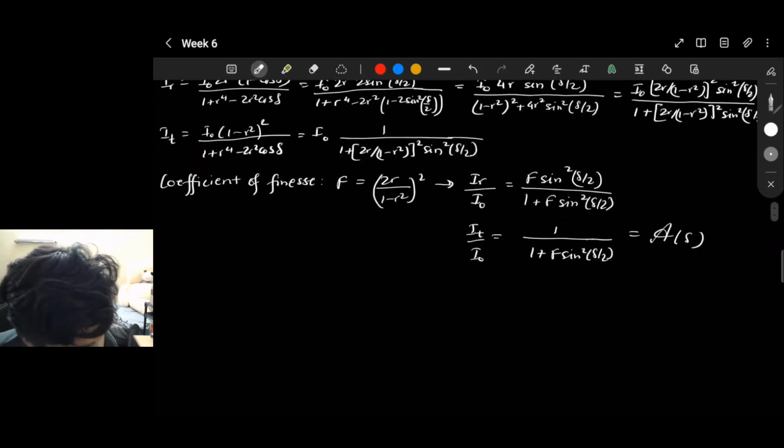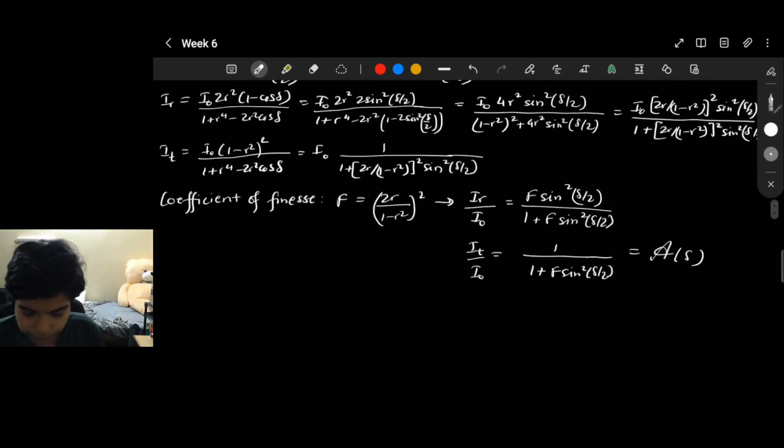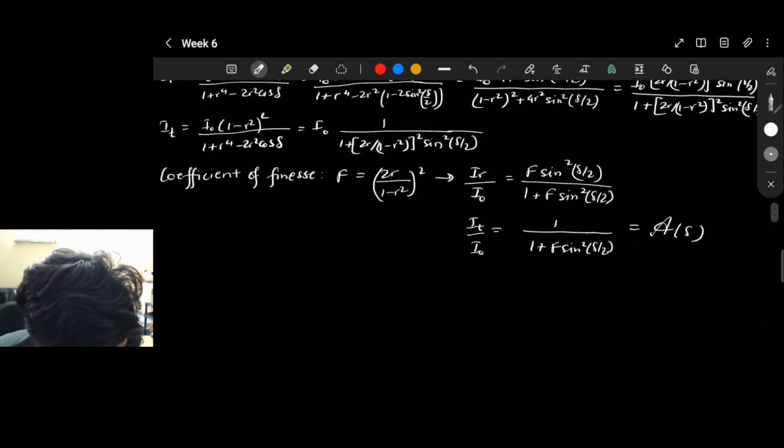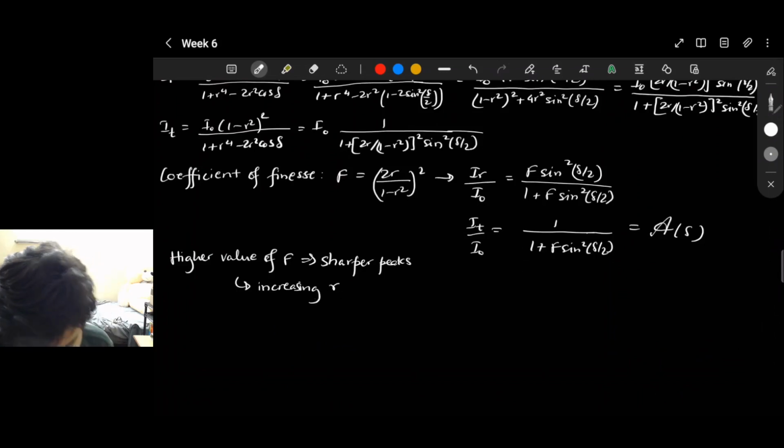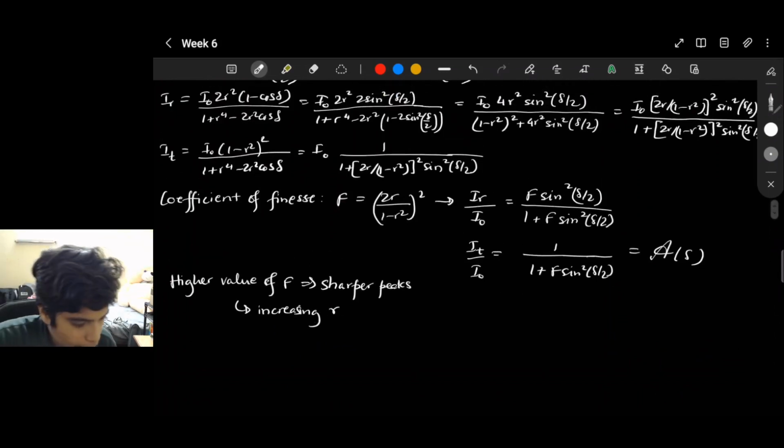So what happens is that if you have a higher value of f, then this gives sharper peaks, and a higher value of f can be achieved by increasing r. So f is a function like this.